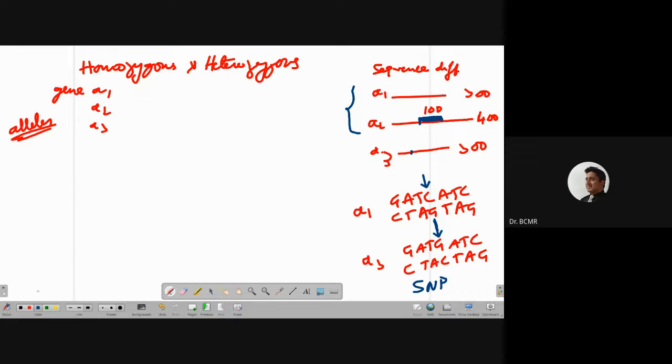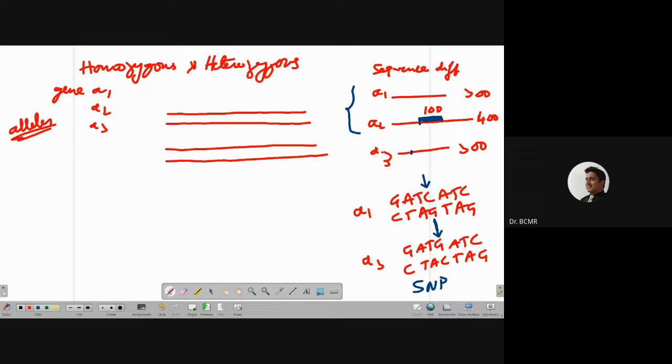Say, for example, the DNA is something like this. We say gene, and here too, this is double-stranded DNA. I'm not going to give you complete details.